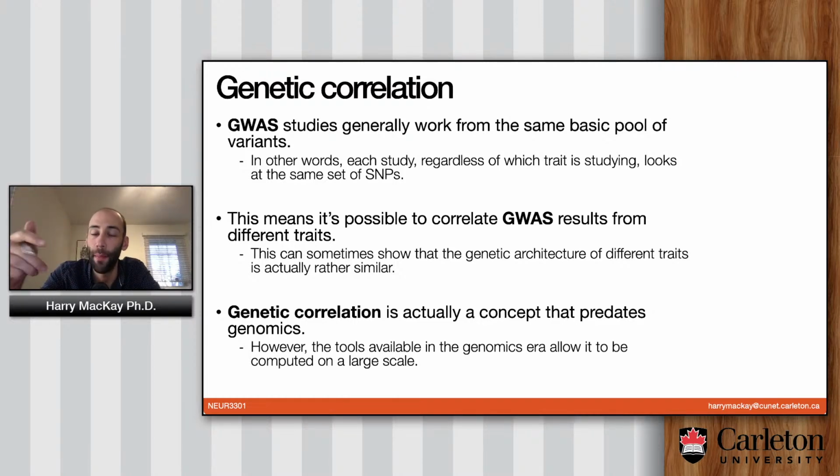Now I'm going to take some time to give you some other topics about what you can do with the GWAS data, because I think it's worth pointing out when phenotypes like ASD and educational attainment, or ASD and schizophrenia, seem to have a similar underlying genetic architecture, because it may well be the case that all these phenotypes impact brain development in similar ways by interacting with similar genes.